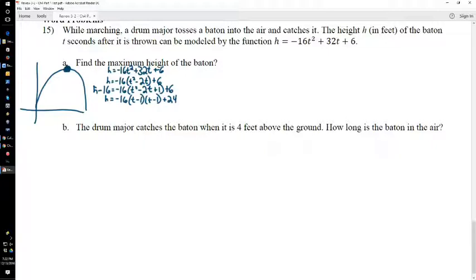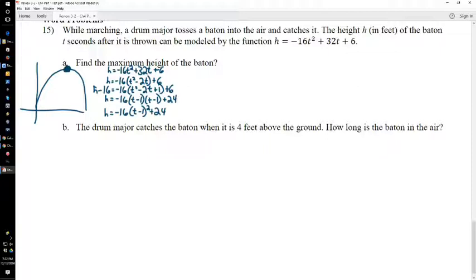From here, the last thing I'm going to do is combine those two binomials into 1 and say t minus 1 squared plus 24. Now, normally I would just skip writing that part and go straight to this part, but I'm just trying to make sure everyone tracks along with me.